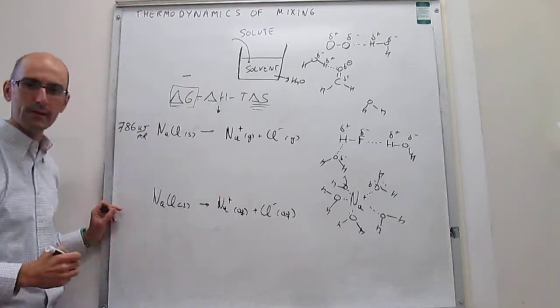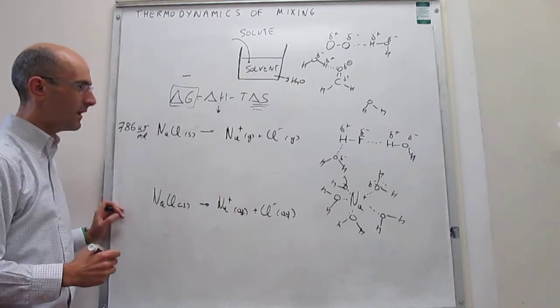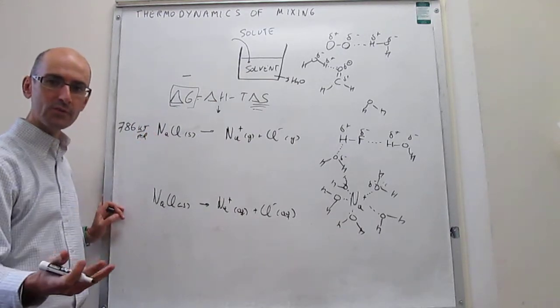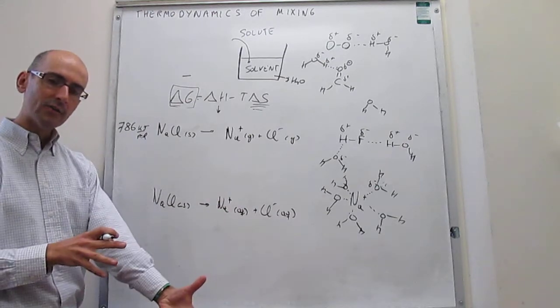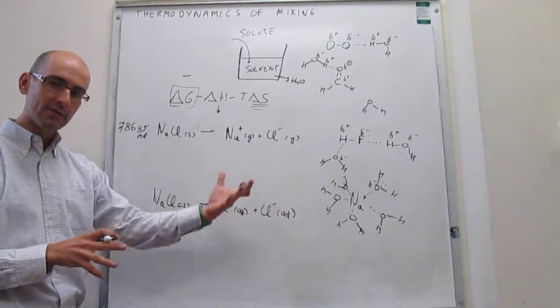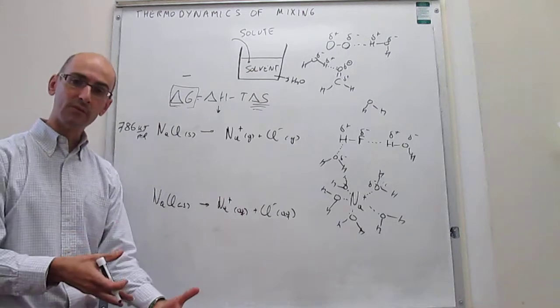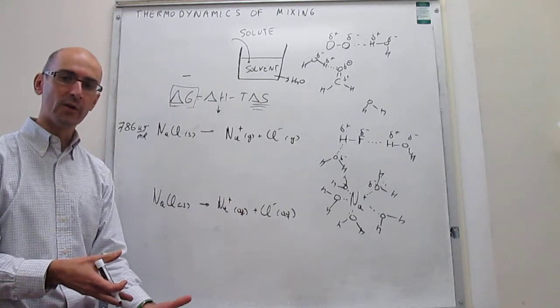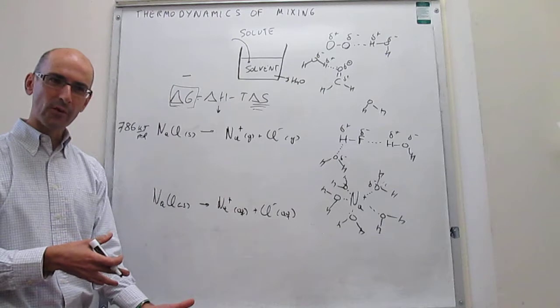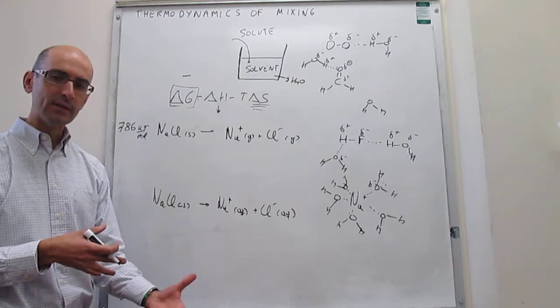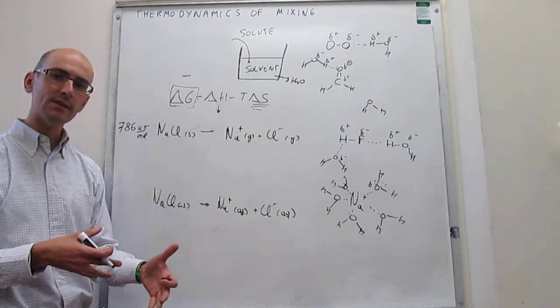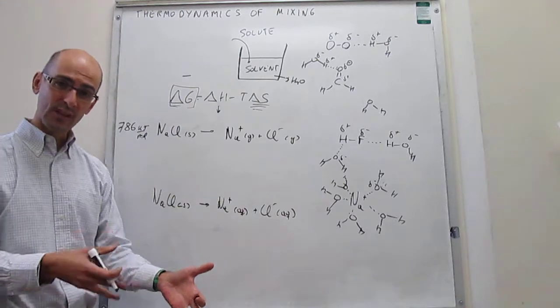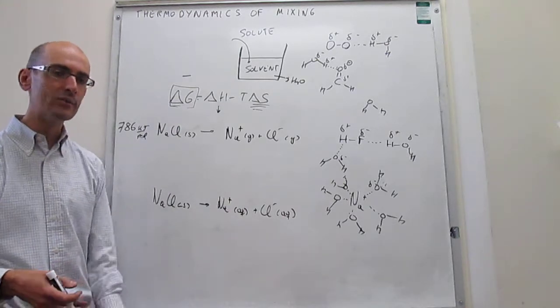It's endothermic. And then there will be another process, which is water separating to accept these ions, and then you will have the interaction of the ions with those water molecules. But of course, separating water molecules is very difficult. Instead, we're going to consider the second and the third steps together and try to measure what that energy is.